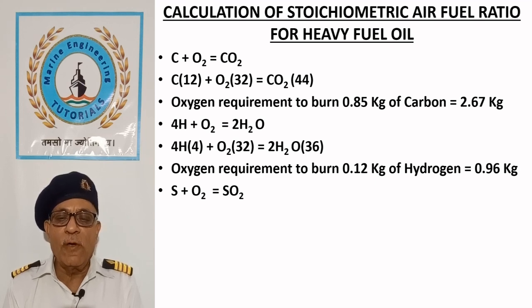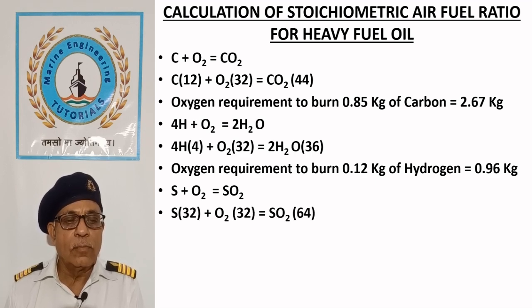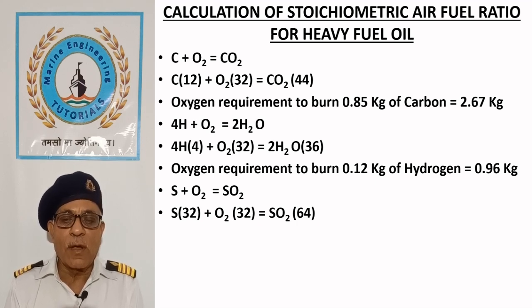One atom of sulfur burns with one molecule of oxygen and forms one molecule of sulfur dioxide. Substituting their atomic weights in the equation, we can say that 32 kg of sulfur combines with 32 kg of oxygen to form 64 kg of sulfur dioxide.